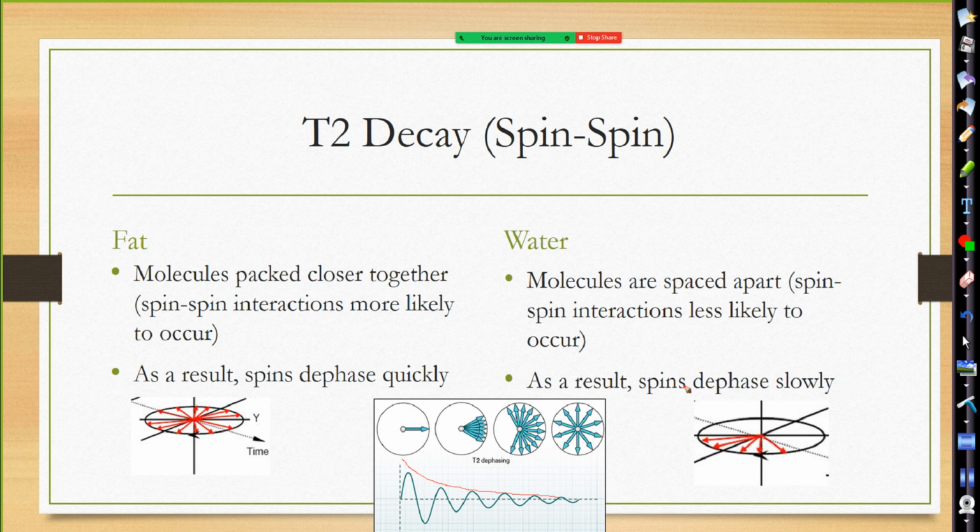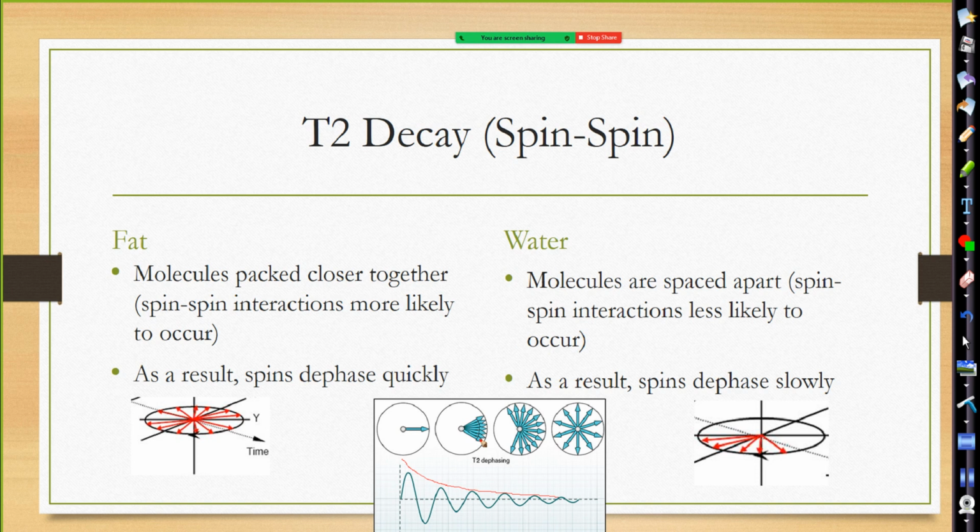But water, on the other hand, the molecules are spaced apart more because they're free flowing. They're not going to interact as likely, so the chance that they're going to interact with their neighboring spin is not as likely. As a result, the spins do dephase, but not as rapidly.